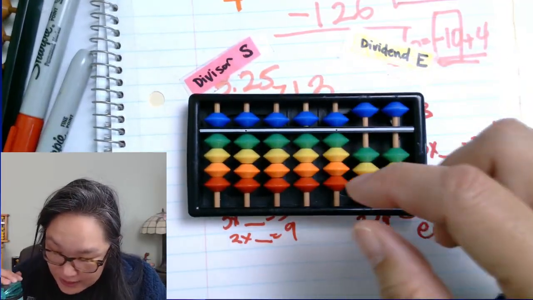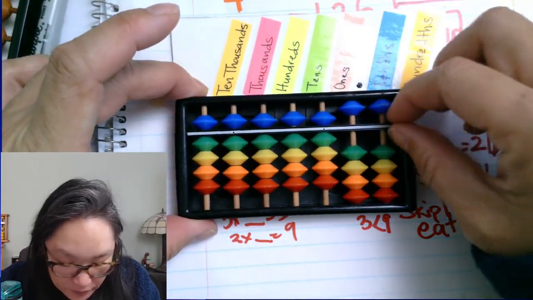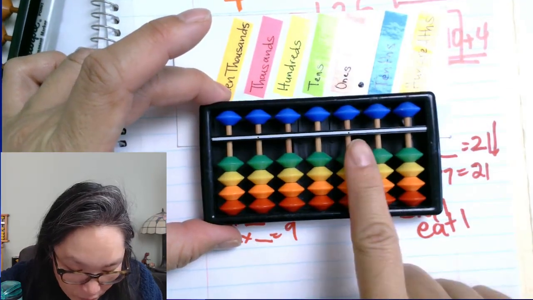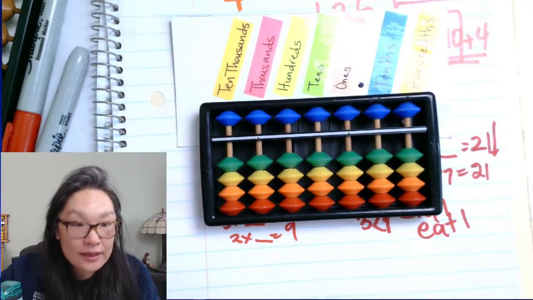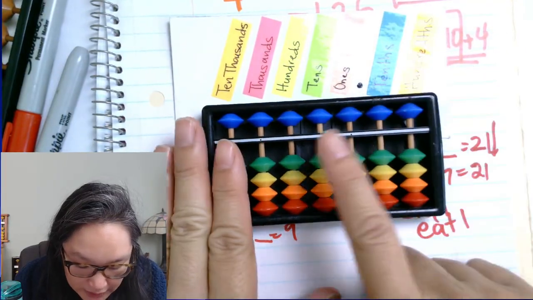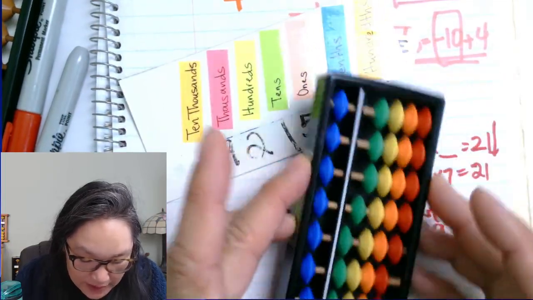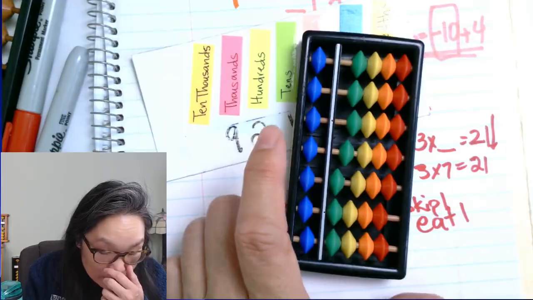But the difference is the place value. When we have our place value, we have our 1s, 10s, 100s, thousands, 10,000s. We are given this place value on the abacus, which is different from other abacuses that go horizontal. I don't know how they do place values on that.